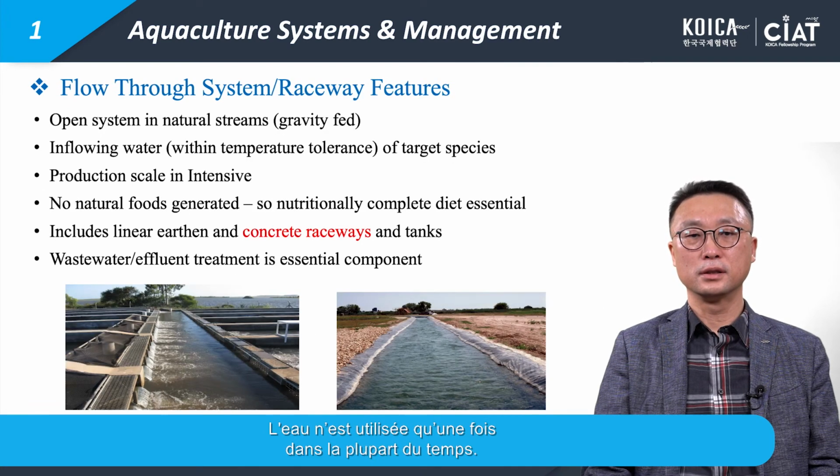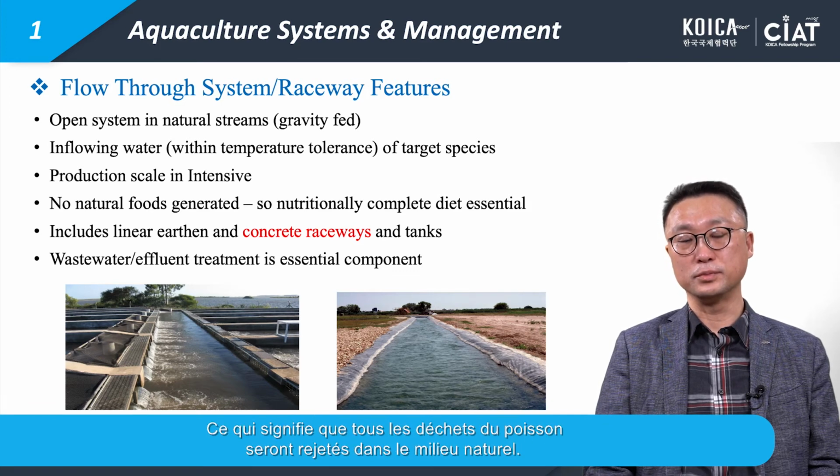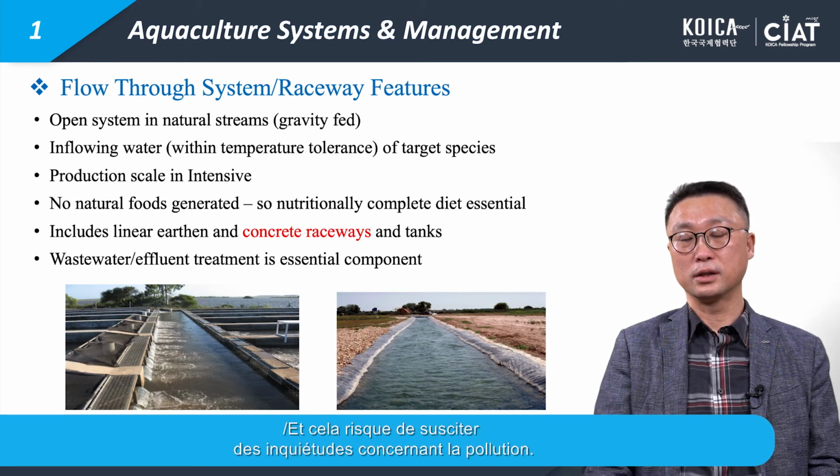Basically, water is used once, sometimes multiple times, but there is no water treatment system, which means all the waste materials from the fish will be discharged to a natural water body, and sometimes it can cause public concerns about pollution.